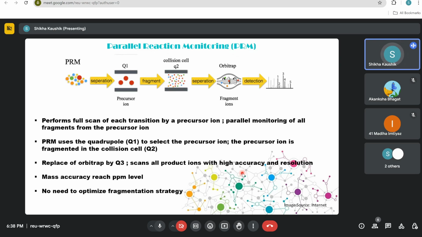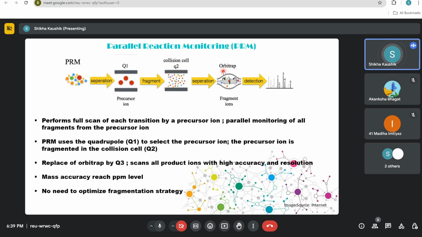PRM uses quadrupole Q1 to select a precursor ion. So in Q1 you are selecting it, Q2 you are doing fragmentation. The parent ion is getting fragmented, all possible daughter ions, and then in Q3 you are reading all the daughter ions. So replace the orbit trap by Q3, scan all product ion with high accuracy and resolution.